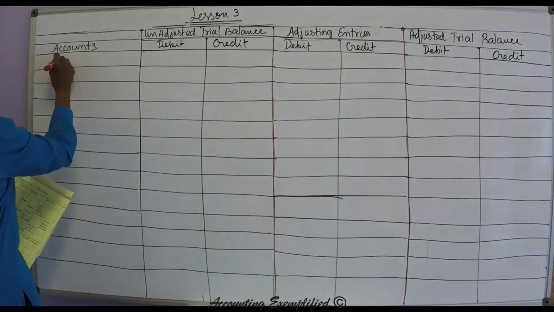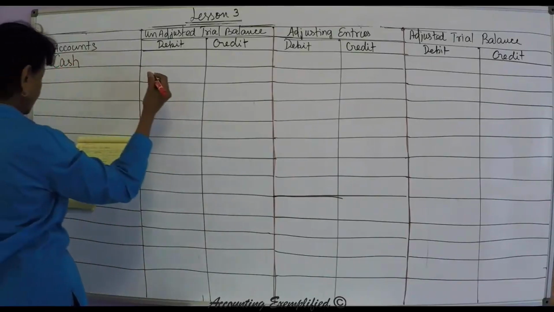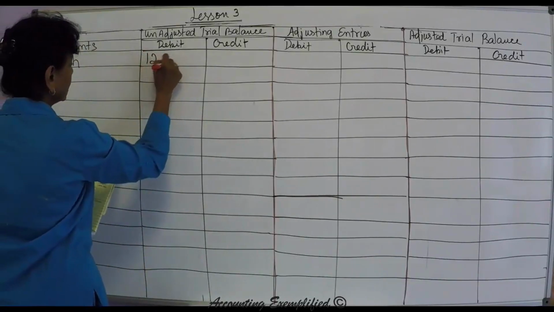First we have cash that has a balance of 12,000.